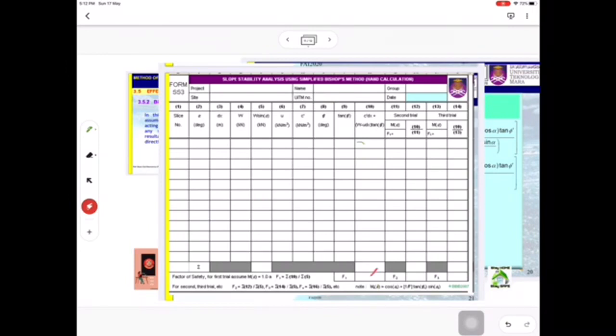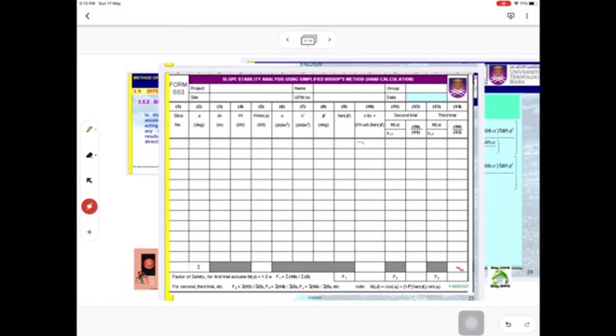After you get your F1, you put this value here, and that will be the second trial. You calculate until you get F2, and then that F2 will be the third trial.